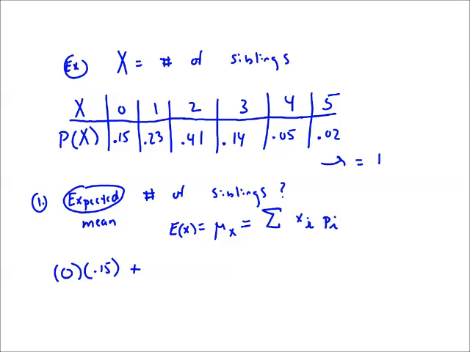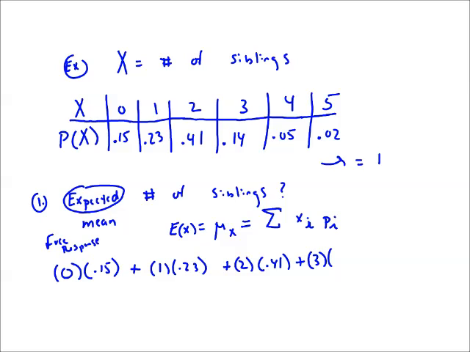Summation, you add 1 times 0.23, 2 times 0.41. See, this gets tedious, but on free response, you do need to show this work.